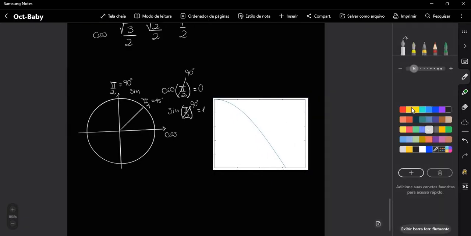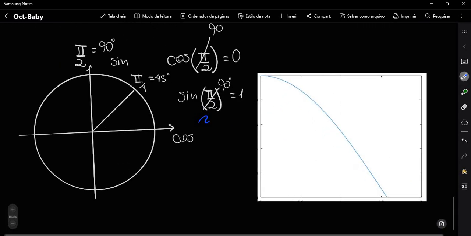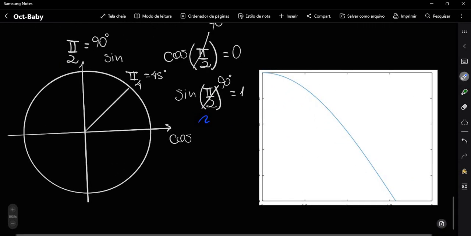So maybe you might have seen animations where the signal is varying this way. In electrical signals, this is called a phasor.